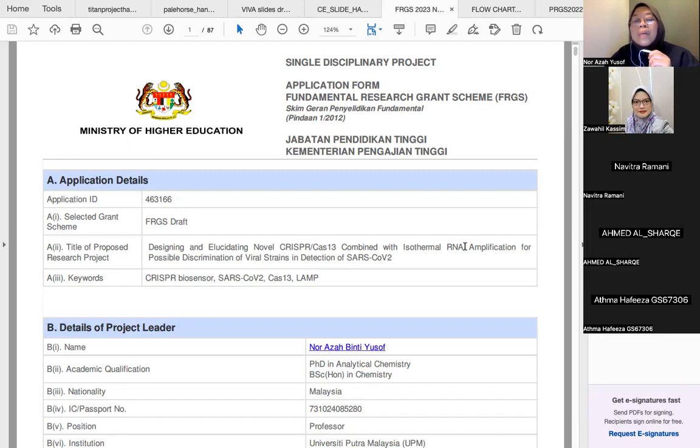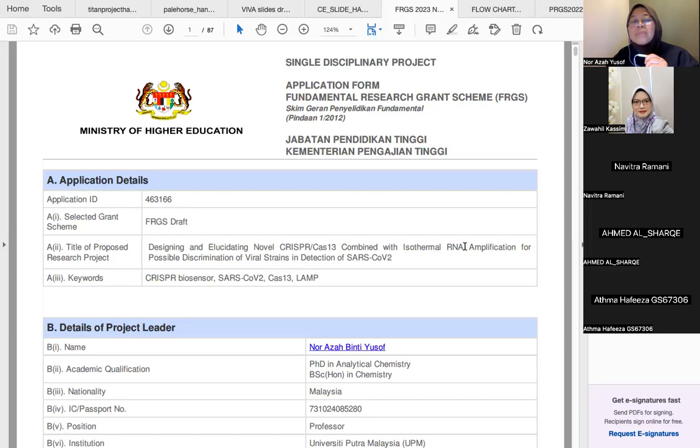I'm being very clear in my proposal that I am using two technologies, CRISPR and isothermal RNA amplification. This is very important. When you finalize the title, it has to represent the idea that you want to propose.